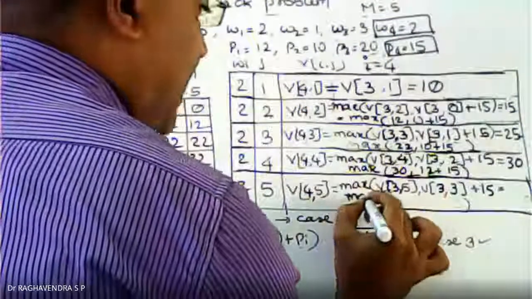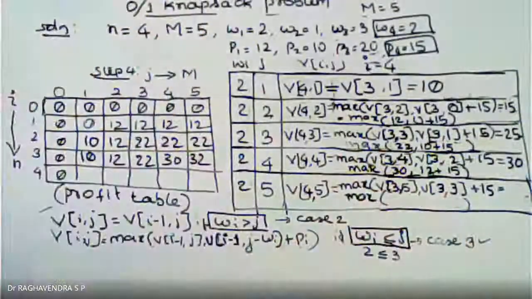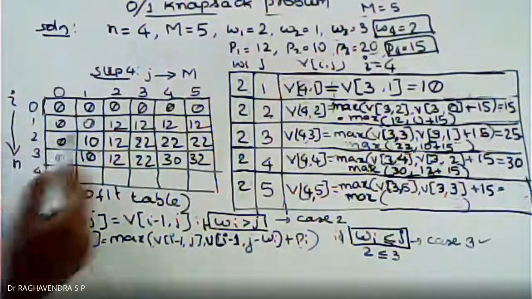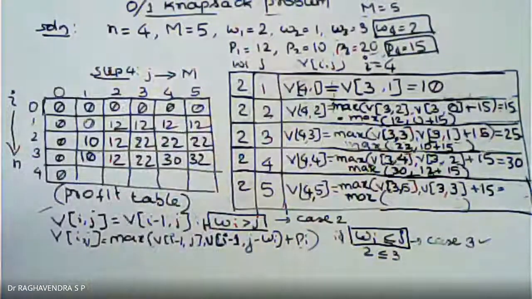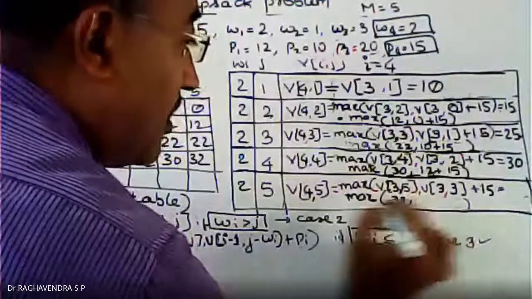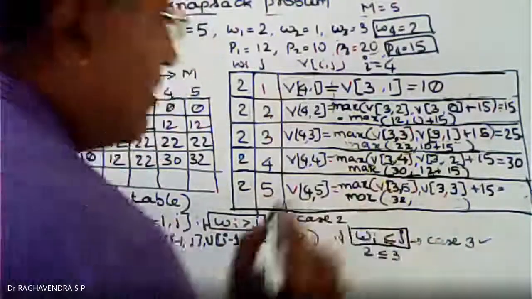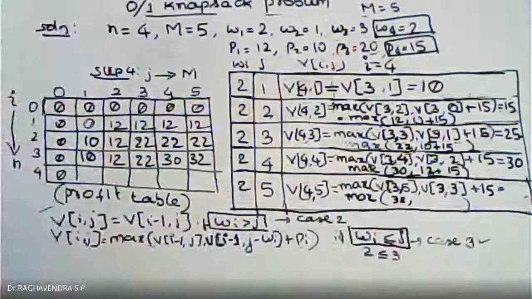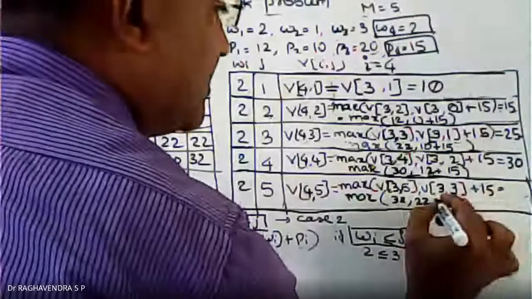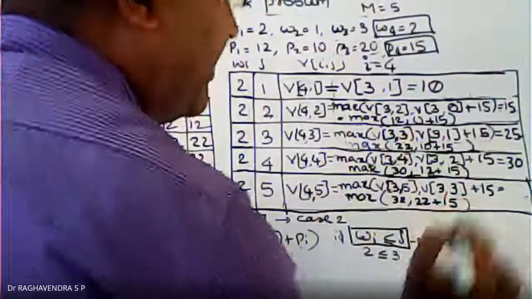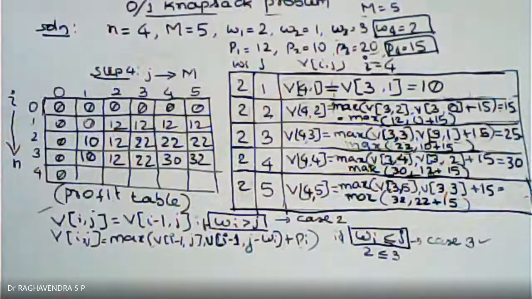Max of 3 comma 5, what is the value? 32. Comma 3 comma 3 is 22, plus profit 15. So how much? 37.